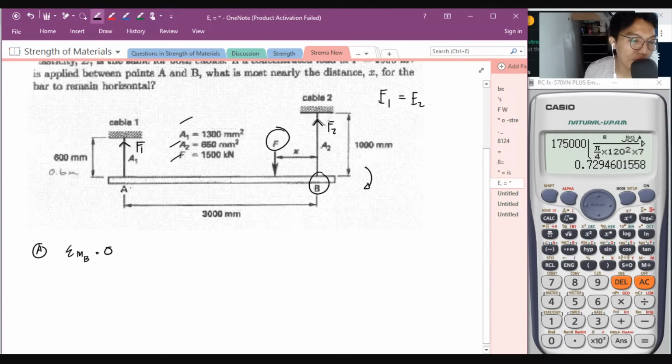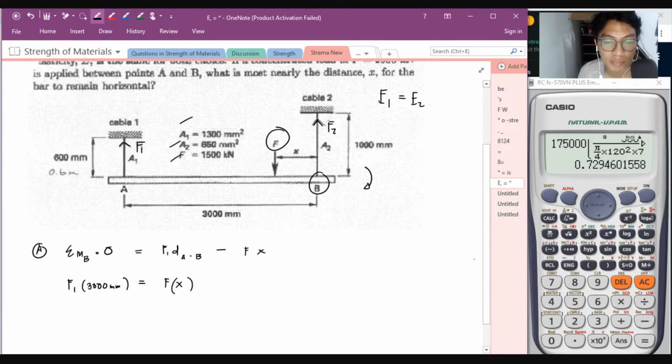Yung A, F1 multiplied to 3,000 mm, at B pabaliktad. Minus, pabalik na ito, F multiplied to X, hindi natin alam. Meron tayong isang equation dyan.